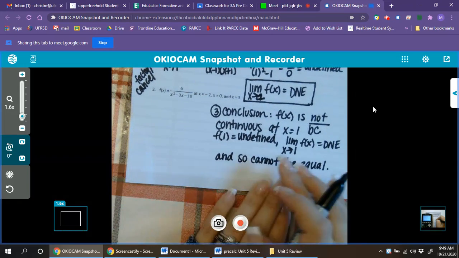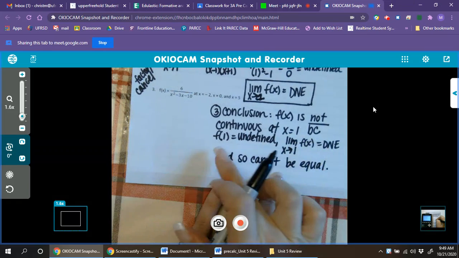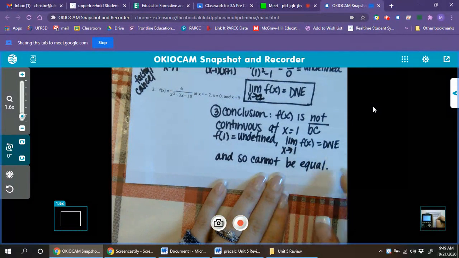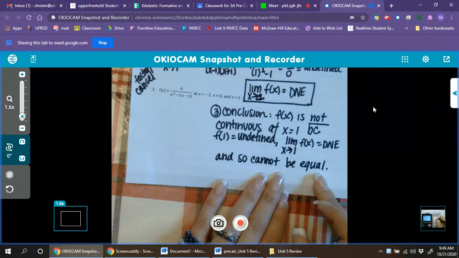Okay, so it's not continuous because f of 1 was undefined and the limit did not exist. Therefore, they can't be equal to each other.